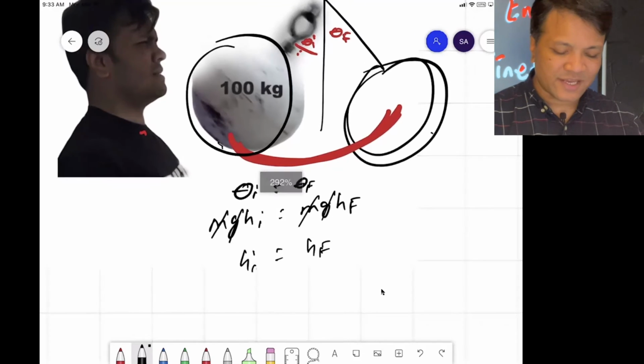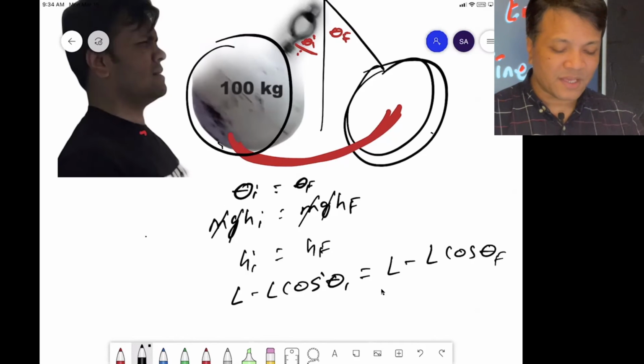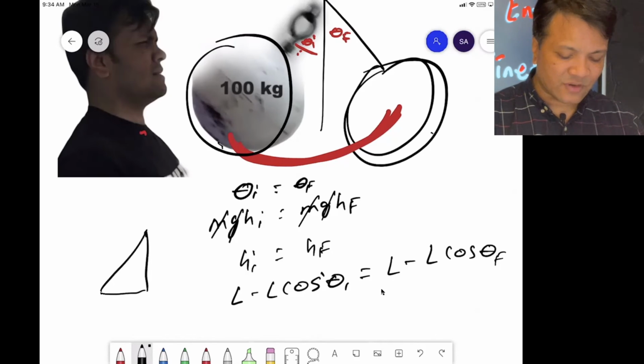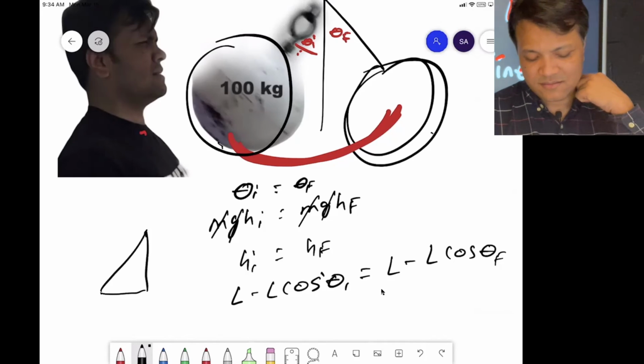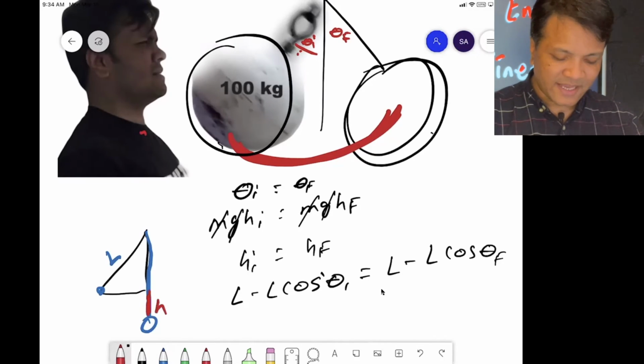So when we talk about h initial, what do we talk about? We talk about L minus L cosine theta initial equal to L minus L cosine theta final. What do I mean? I have a right angle triangle, so this is the bob, this is L, this is h, and this is L cosine theta.